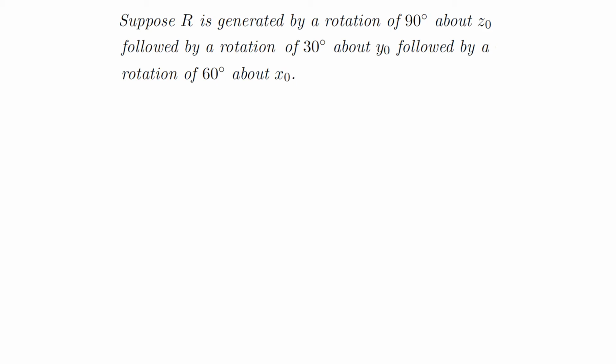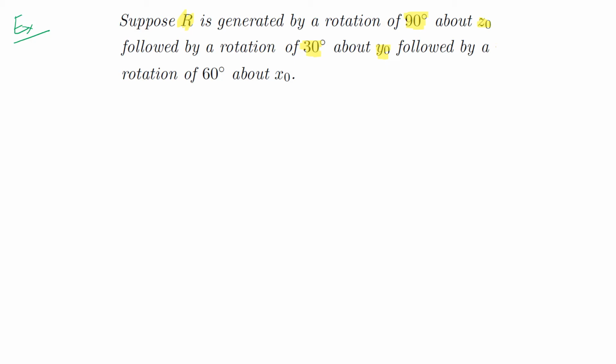Let's do one example to illustrate this whole process. Now, in this particular case, you have a rotation matrix available with you, but now you can see that this rotation matrix is a result of having three rotations in it. The very first rotation is of 90 degrees about the z0 axis, which is followed by another rotation of 30 degrees about the y0 axis.